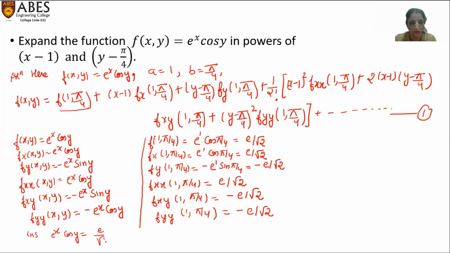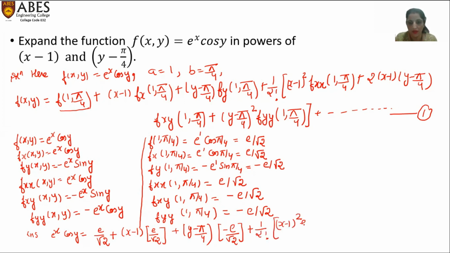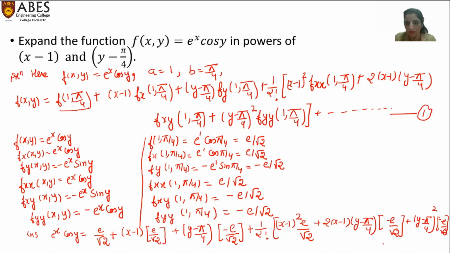Here we write e by root 2 plus (x minus 1) times partial x, that is again e by root 2, plus (y minus pi/4) times partial y, which is minus e upon root 2, plus 1 upon 2 factorial, (x minus 1) square times e upon root 2, plus 2 times (x minus 1)(y minus pi/4) times minus e upon root 2, plus (y minus pi/4) square times minus e upon root 2, and so on.